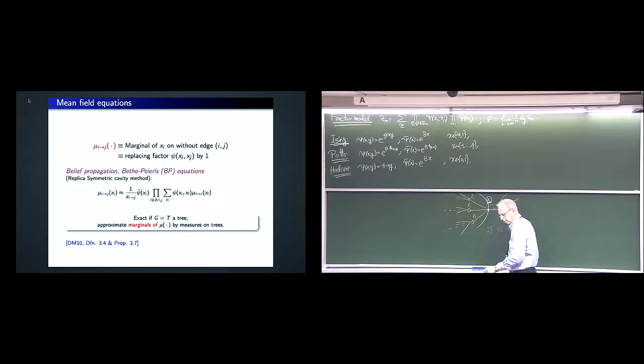And I can send messages in exactly the same manner, telling the I guy what comes from this tree, what comes from this tree, and what comes from this tree. If I combine these three pieces of information, then I can get an update for the piece of information that I'm supposed to send to this guy. And I can keep doing it. That's the principle. This is what I can do on a tree.